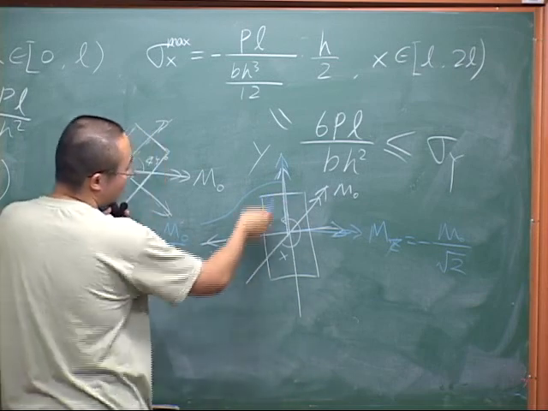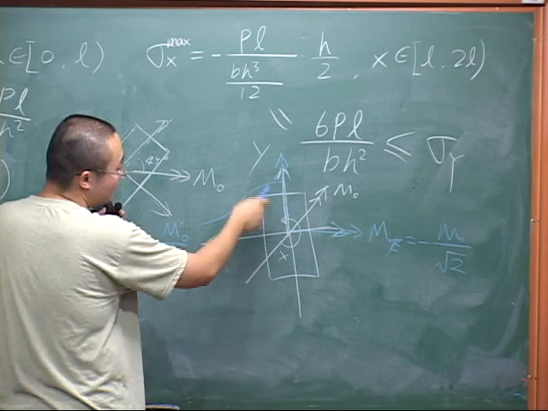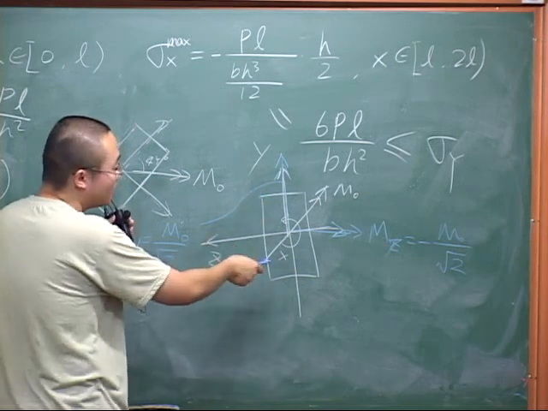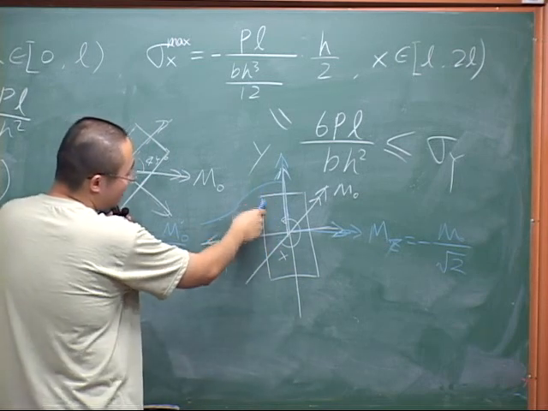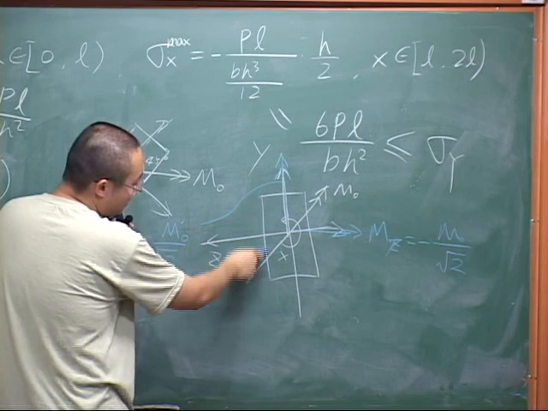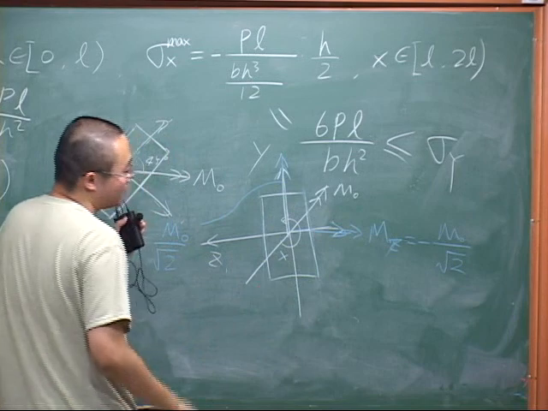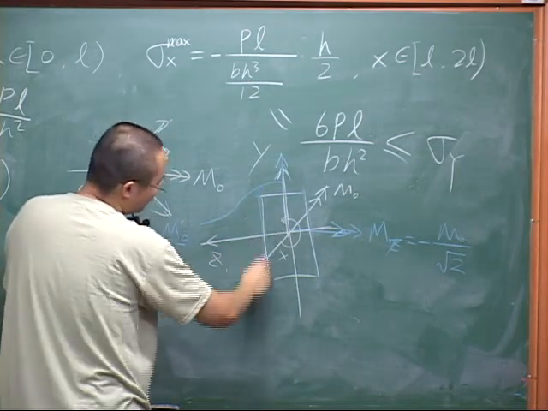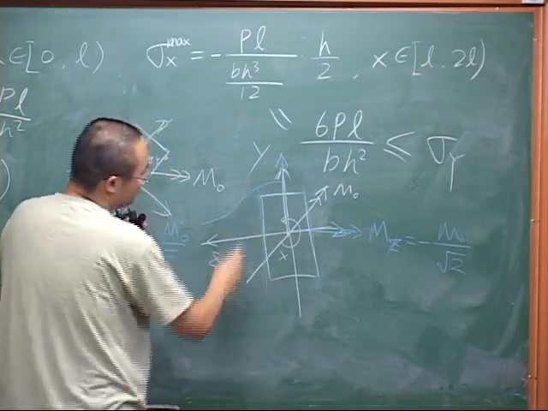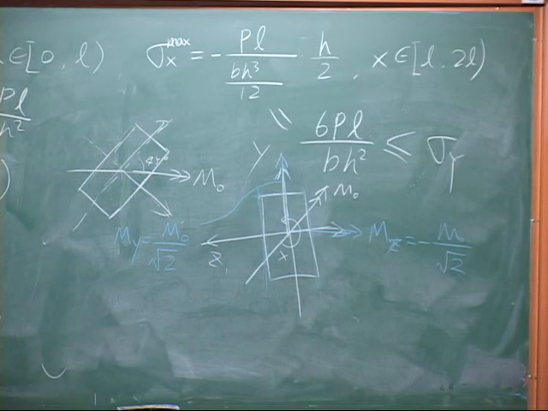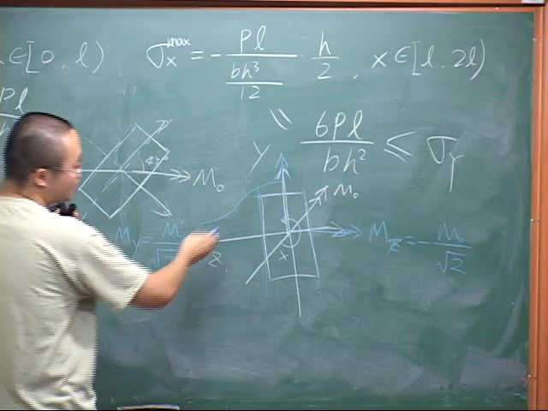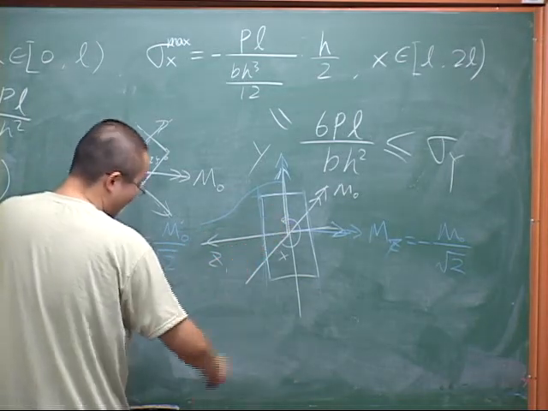And if you consider the bending moment along the y-axis only, you will have the tension side here and compression side here. So just imagine tension and tension. Here should have the maximum tensile stress under this combined bending case.